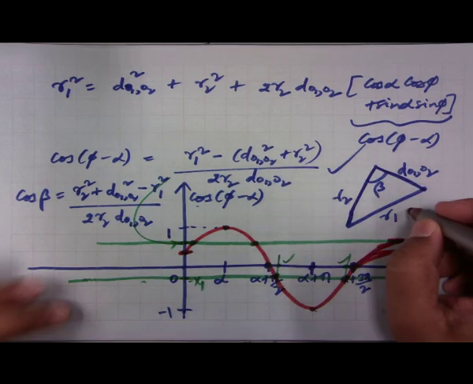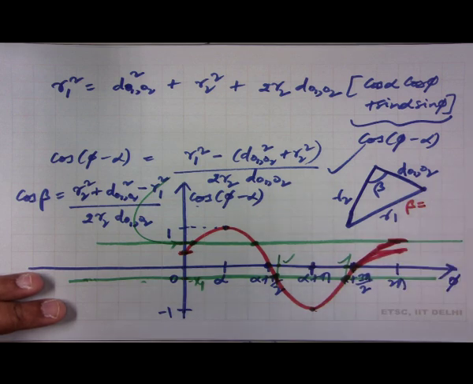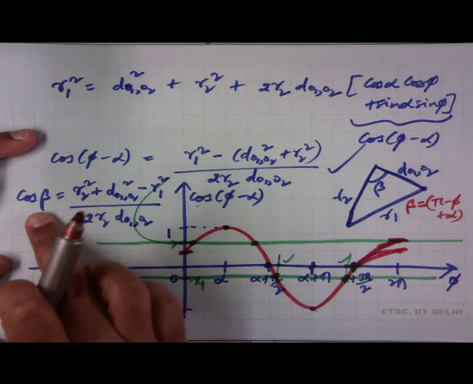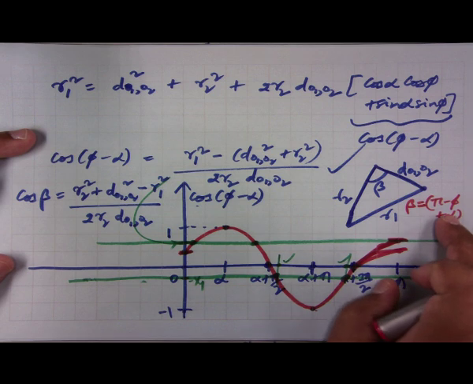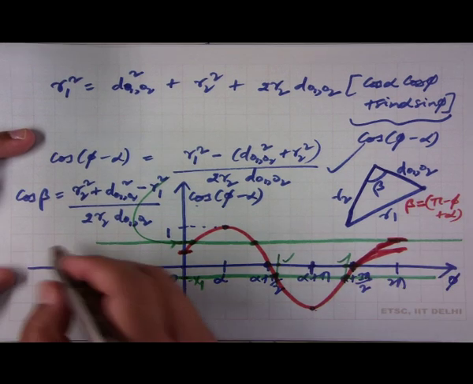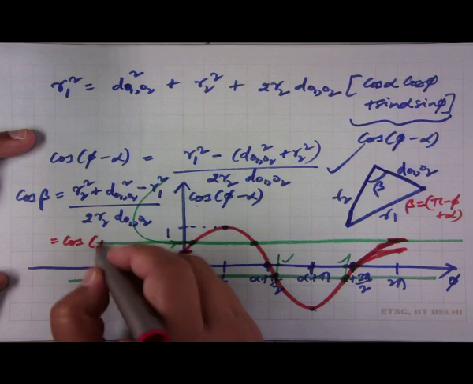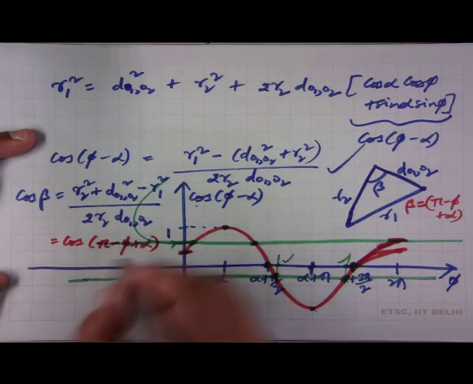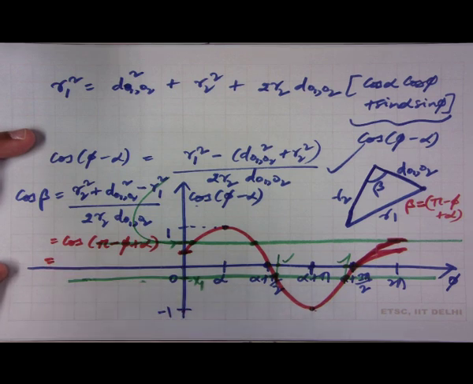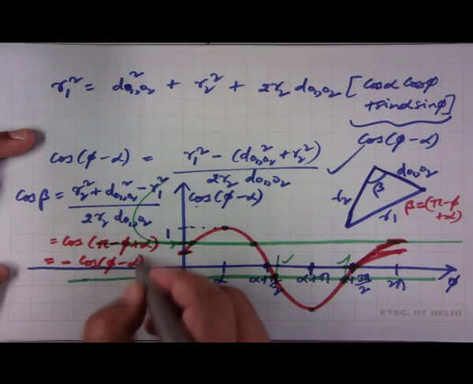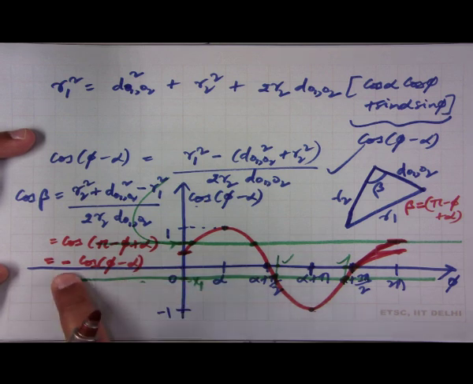But we have shown on the previous slide that beta is equal to pi minus phi plus alpha, and therefore cosine of beta is equal to cosine of pi minus phi plus alpha, which equals minus cosine of phi minus alpha, and we get a negative sign here.